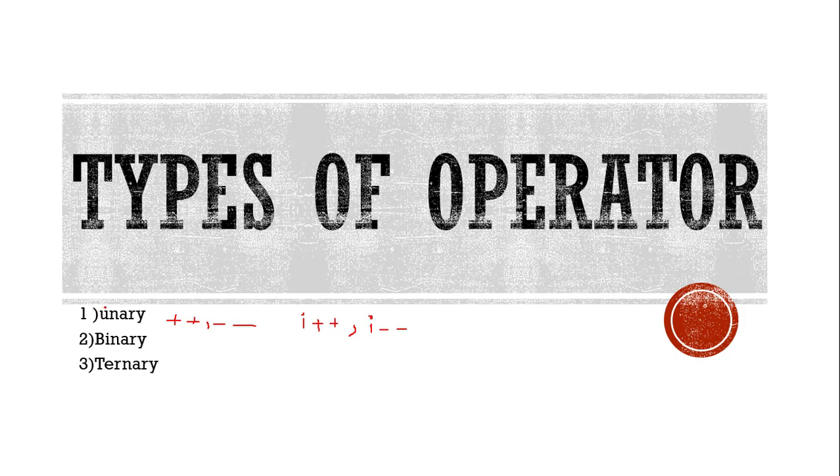The second one is the binary operator. Bi means 2, and those operators deal with only two operands at a time. Only two operands at a time is called a binary operator. Here plus, minus, multiply, divide and modulus are examples of binary operators. I know you all know plus, minus, multiply.